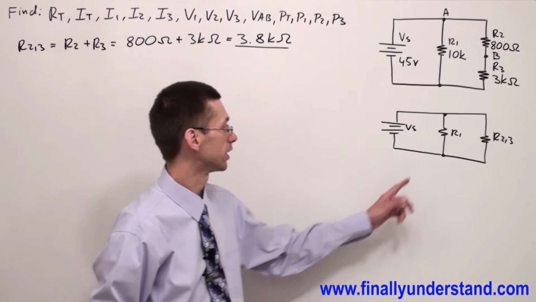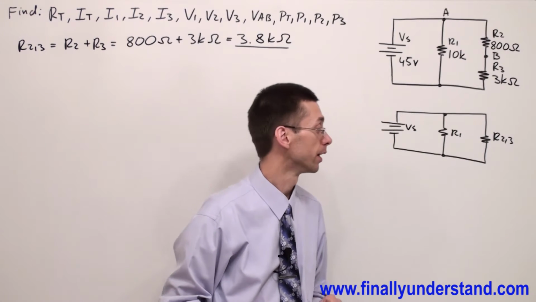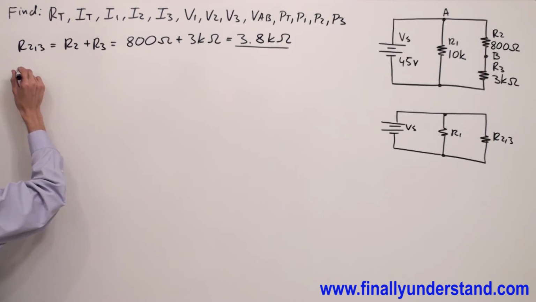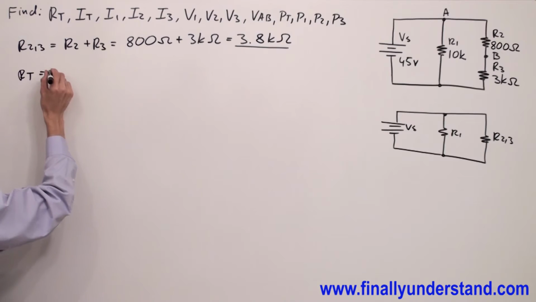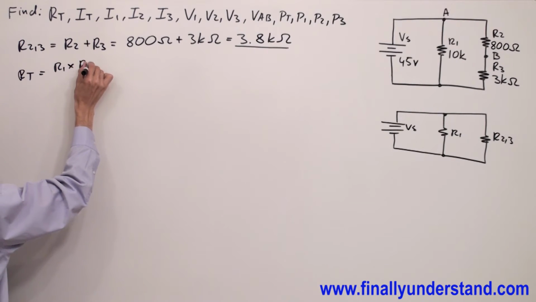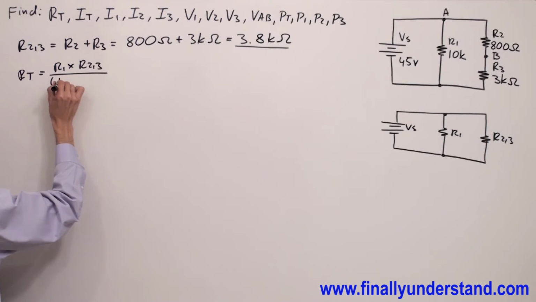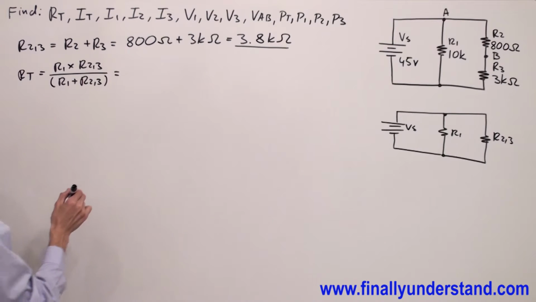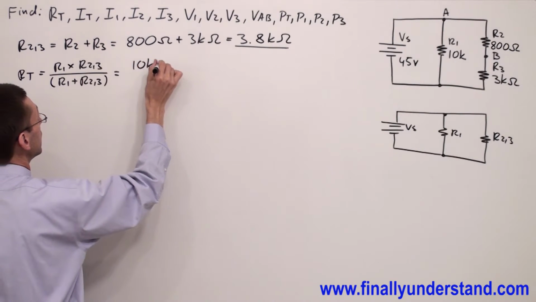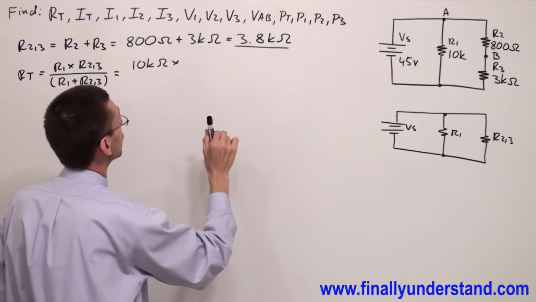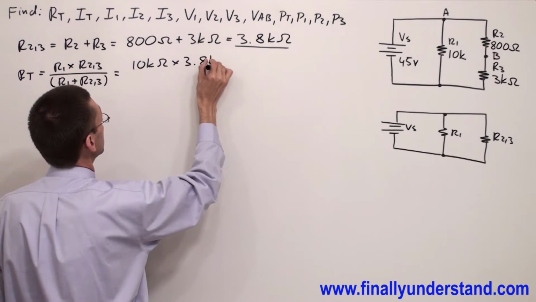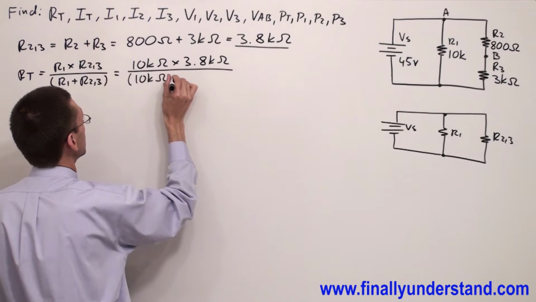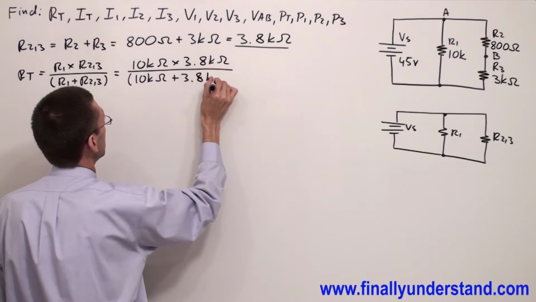Now you can see very clearly that these two resistors are in parallel. Because I have just two resistors, I can use the formula called product over the sum. So R total, in this case, is going to be R1 times R23 over R1 plus R23, where R1 is equal to 10 kilo ohms times R23 equals 3.8 kilo ohms over 10 kilo ohms plus 3.8 kilo ohms.